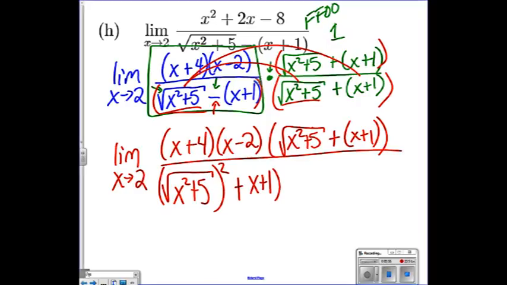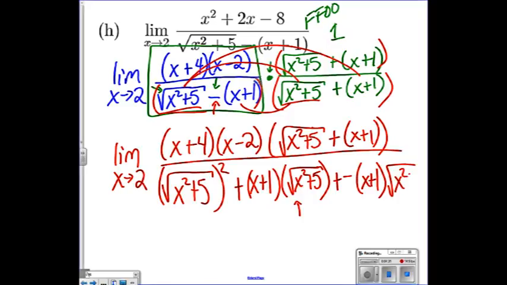The reason we're doing that is that x plus 1 is considered to have a higher degree than the square root of this x squared plus 5. The order doesn't matter too much, but I want my students to get in the habit of putting the square root second. Then we move on to the innards. That's the same thing, where we have negative x plus 1 times that square root of x squared plus 5.